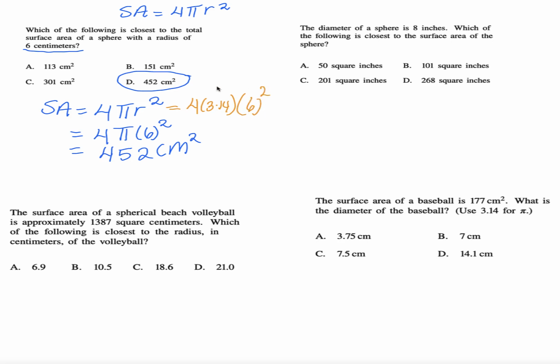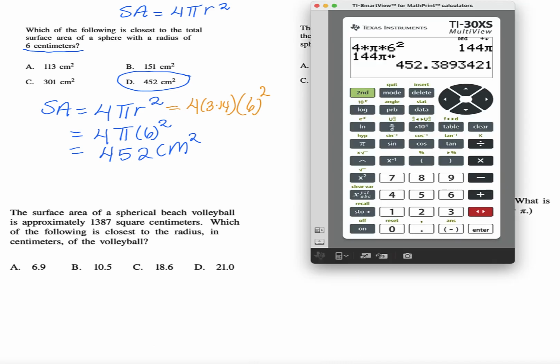And let's get our calculator. The answers are going to be similar. So we enter 4 times 3.14 times 6 to the second power and enter. And notice again, our answers are close. If we round to the nearest whole number, 452.